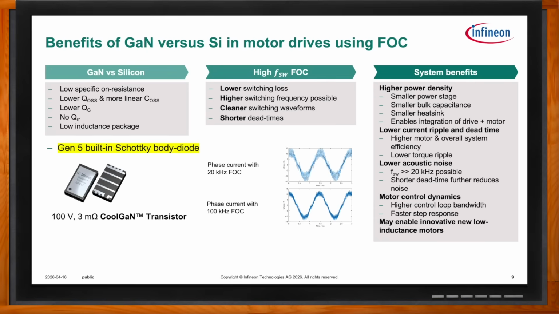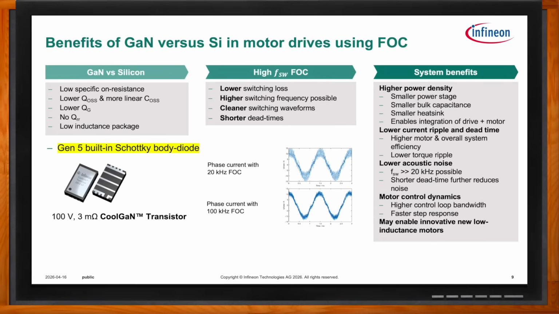And not only that, but the package, these surface mount packages, are very low inductance, which is important in being able to achieve these fast switching, low loss applications on your printed circuit board. If you have leaded packages, you're already running into problems because just the package inductance alone makes it difficult to switch quickly.